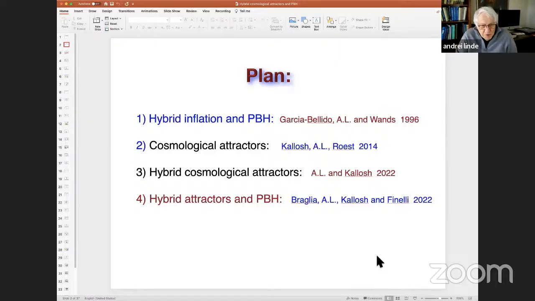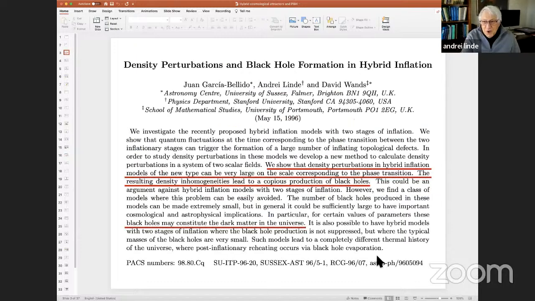The plan would be first to remind our old paper by Garcia-Bellido, Linde, and Wands about hybrid inflation and primordial black holes, see what should be added to it, perhaps suggest some methods to do it, and then these methods would involve cosmological attractors. So we will discuss the model which achieves this. And this was a recent work with Braglia, Kalush, Finelli. Okay, so let's start. First, this is the paper which I mentioned already.